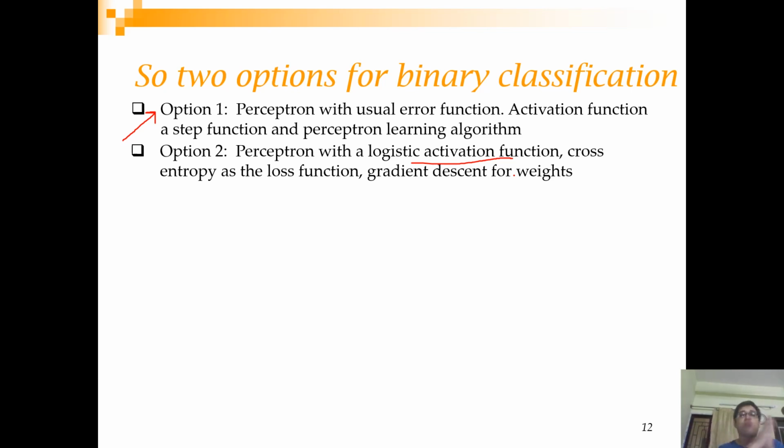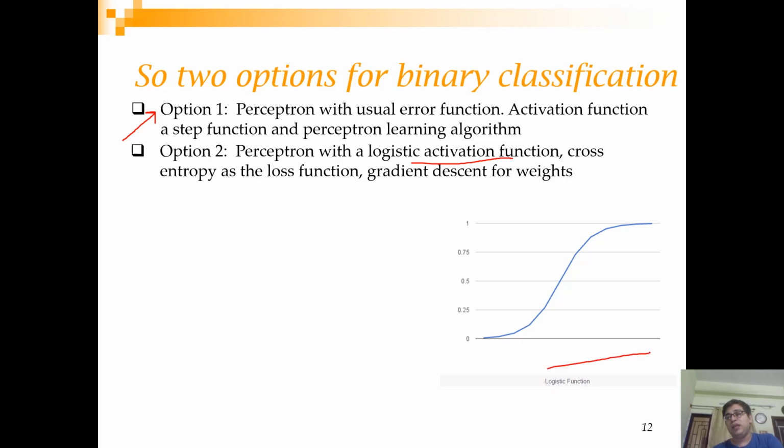If you remember from our logistic regression class, the logistic function looks something like this. It will always have a value between 0 and 1. If it has a very low value, the value will be 0, and if it has a very high value, which goes to maybe infinity, then the value is close to 1.